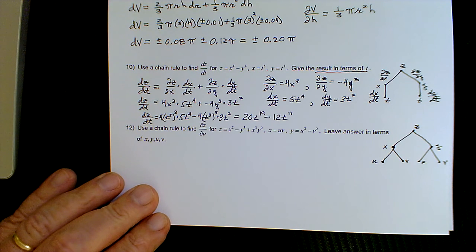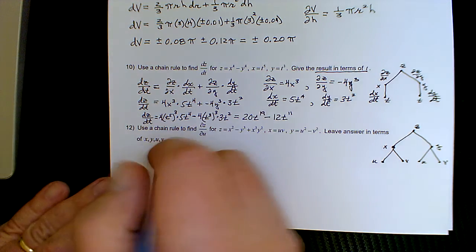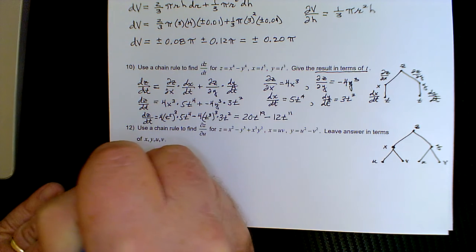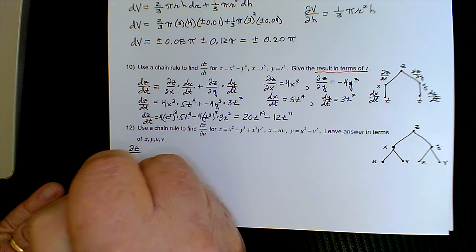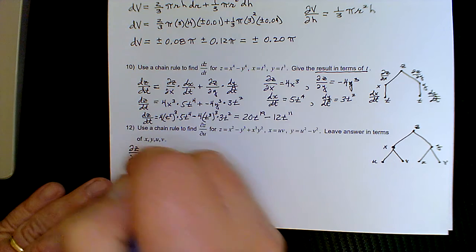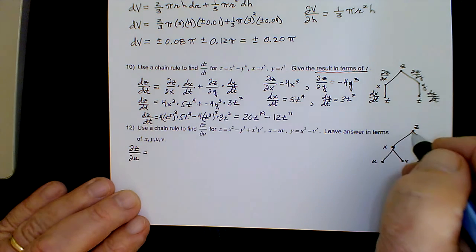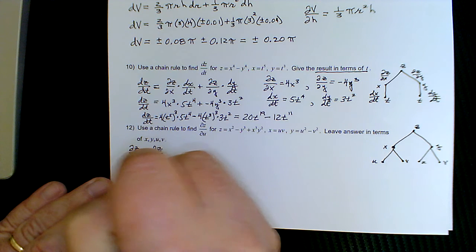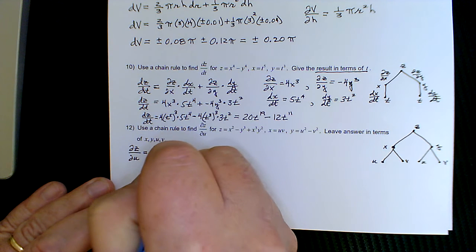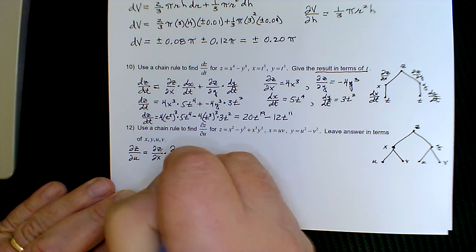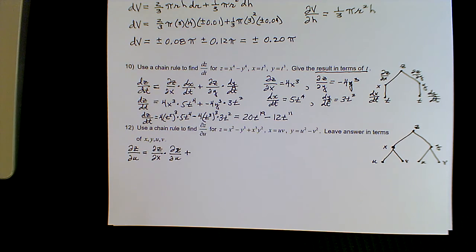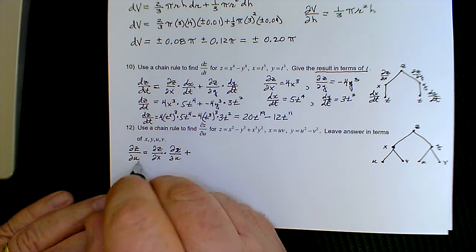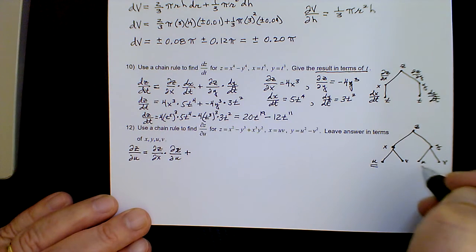So the formula for the partial of z with respect to u is going to be the partial of z with respect to x, times the partial of x with respect to u, and then plus the partial of z with respect to y, because we want to get to the u variable here.